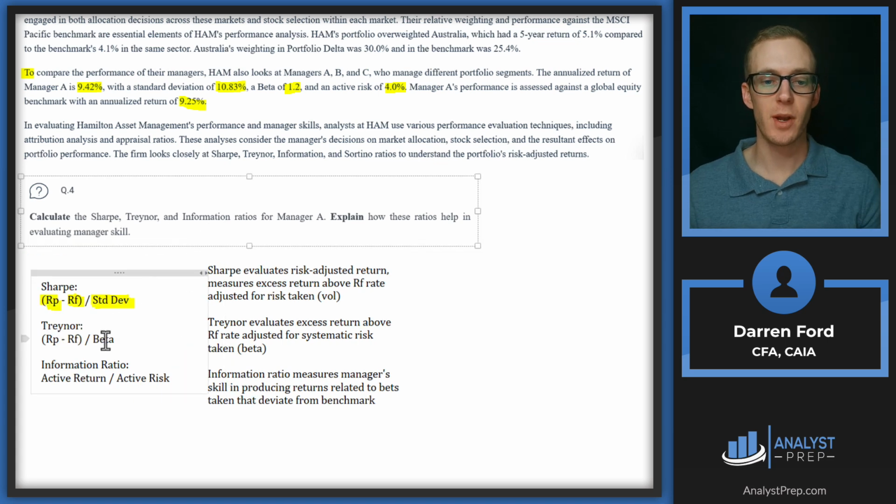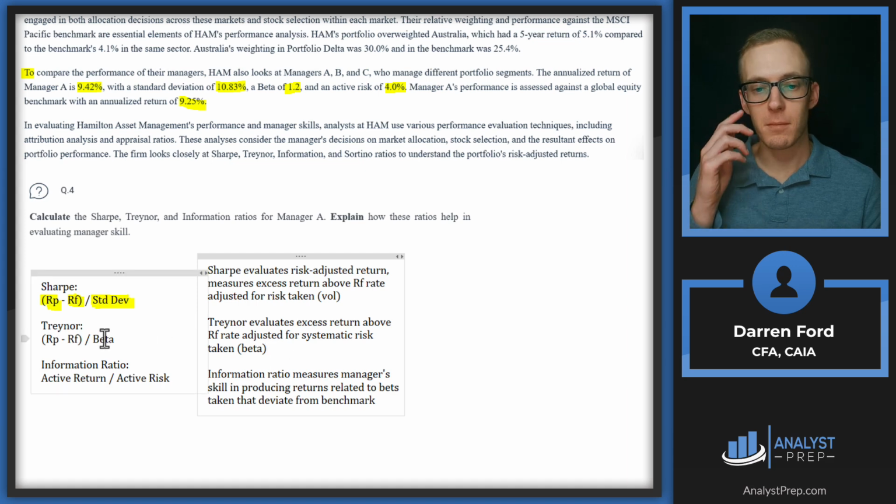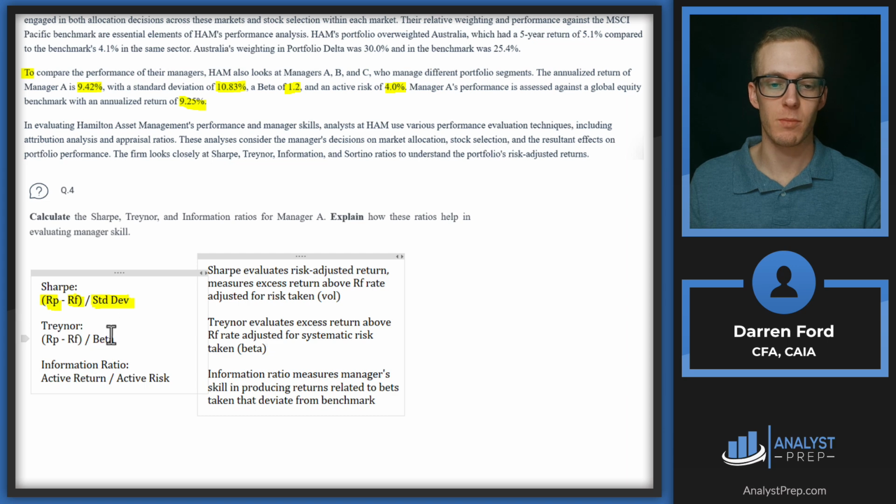Then for the Treynor ratio, we're evaluating excess return above the risk-free rate, like in the Sharpe ratio, but we're adjusting it for systematic risk taken, or beta. Systematic risk is the beta; that's how much market risk we're taking. These two are pretty similar in the sense that higher beta is usually going to lead to higher standard deviation.